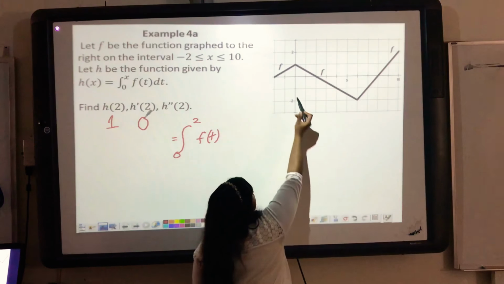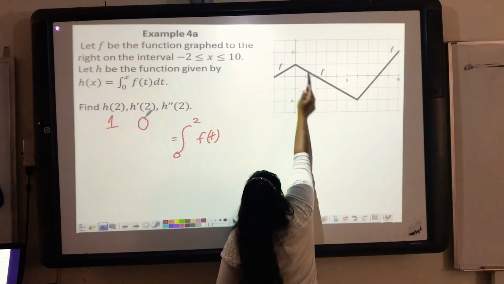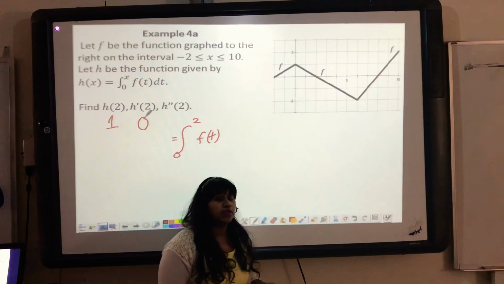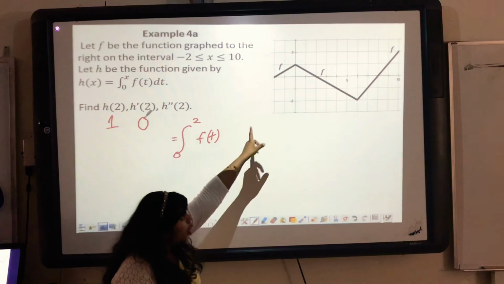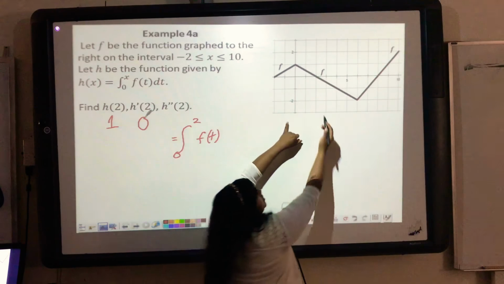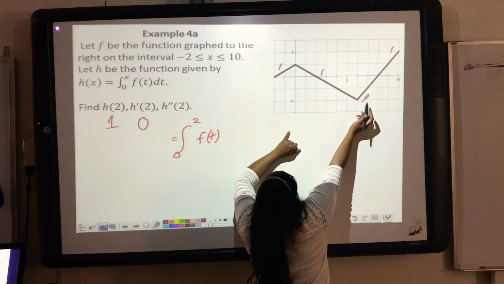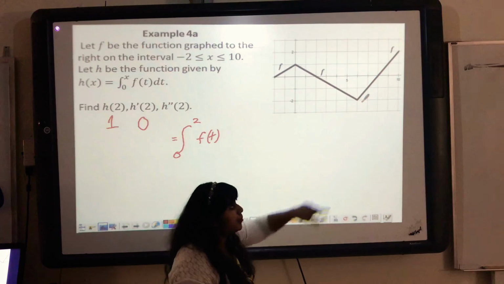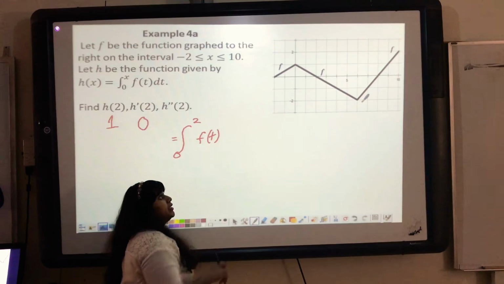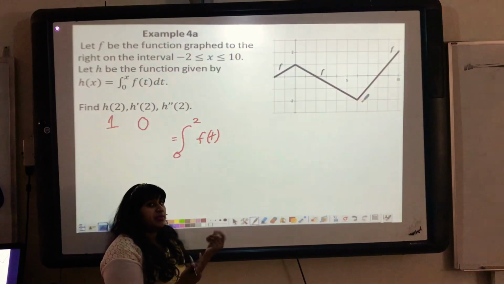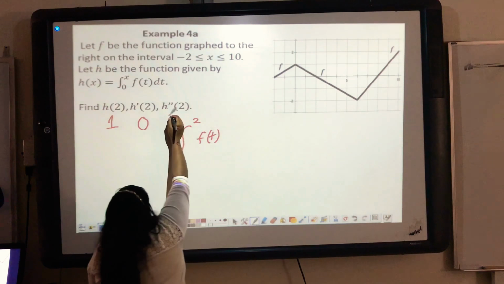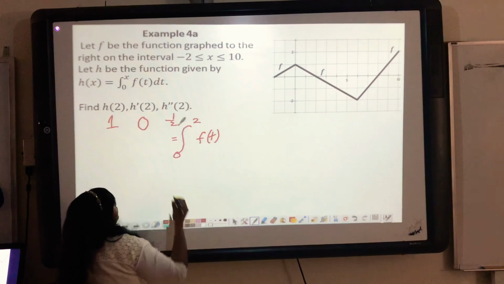Well, what's the slope right here? This is a linear line that has a formula of y equals negative 1/2 x plus 2. Isn't that my slope? Down 1 over 2, down 1 over 2. My only slope right there is going to be negative 1/2. So my h double prime has to equal negative 1/2.